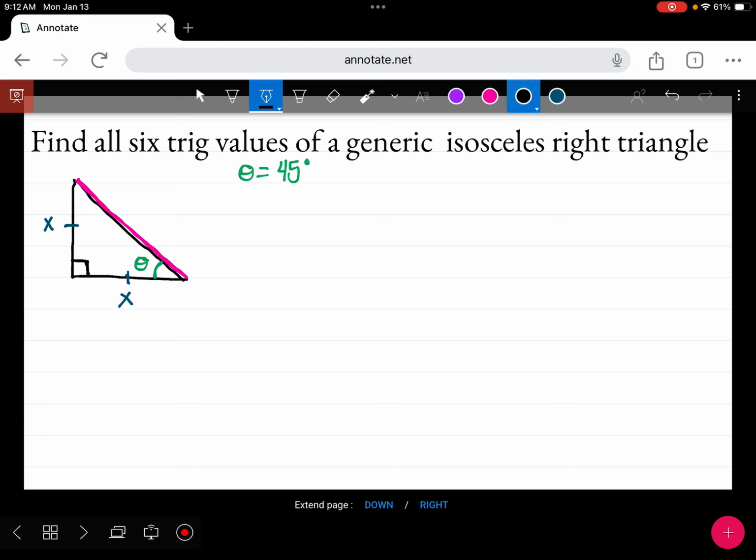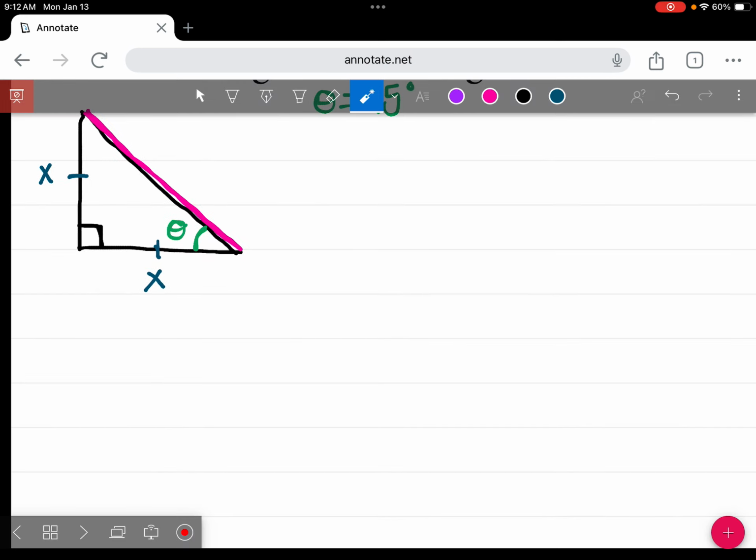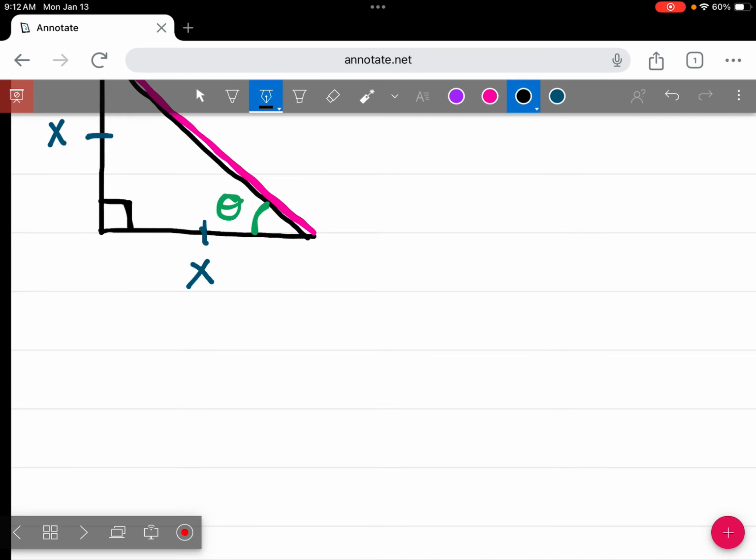So if I know both sides are x's, just because I picked an arbitrary letter for some random isosceles triangle, how could I figure out how long the hypotenuse is if I know these pieces? Same vibe as the last one. Yeah, we're going to do our a squared plus b squared equals c squared.